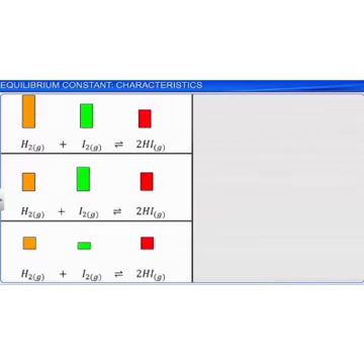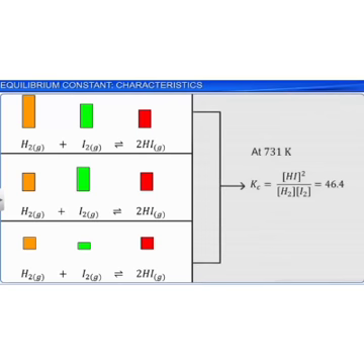For example, the equilibrium constant for the reversible reaction of gaseous hydrogen and gaseous iodine in a sealed reaction vessel, irrespective of the initial concentrations, at 731 Kelvin, is 46.4. The equilibrium constant for a particular reaction at a particular temperature is always constant and changes only with a change in temperature.